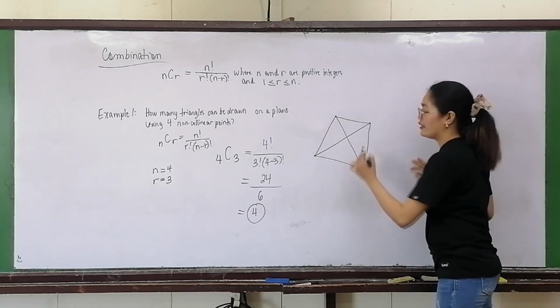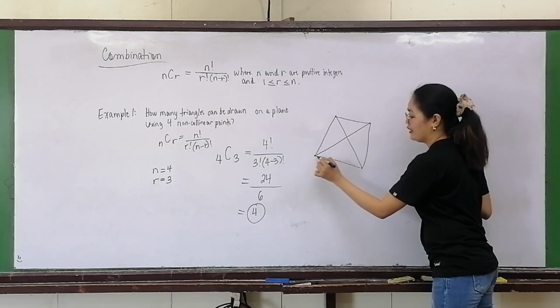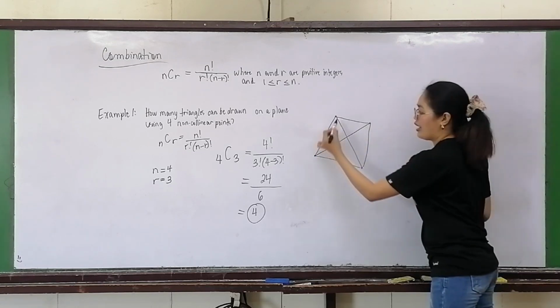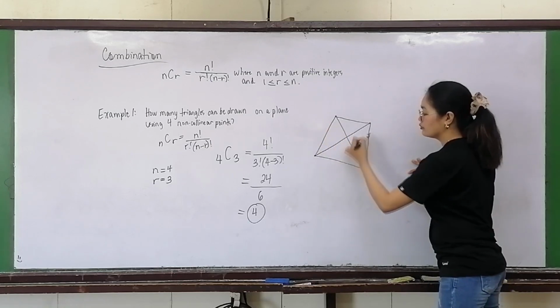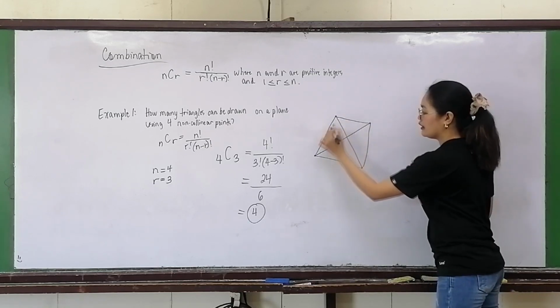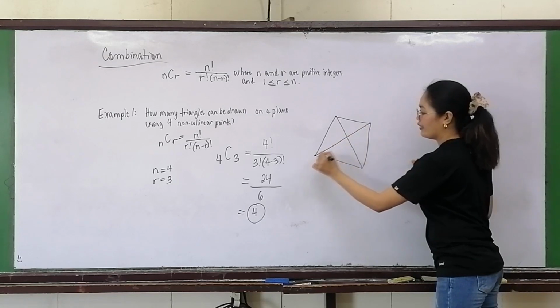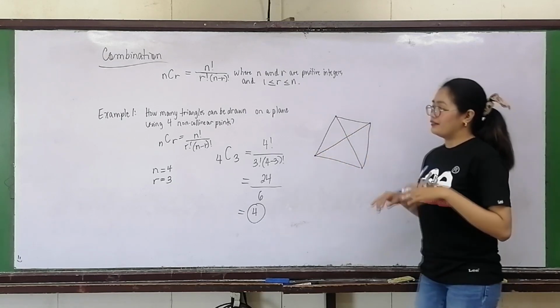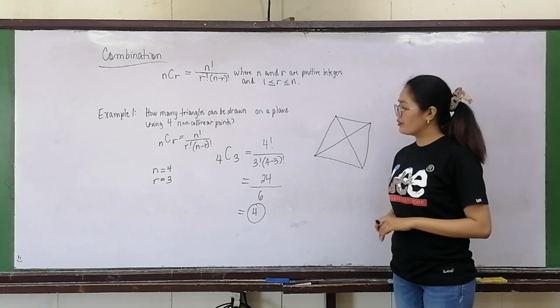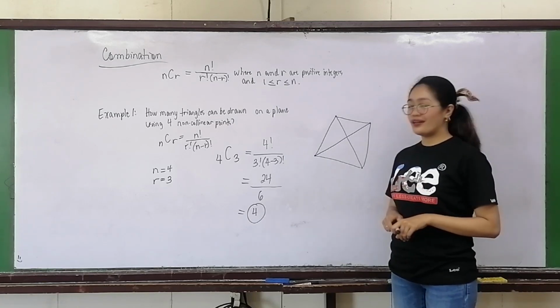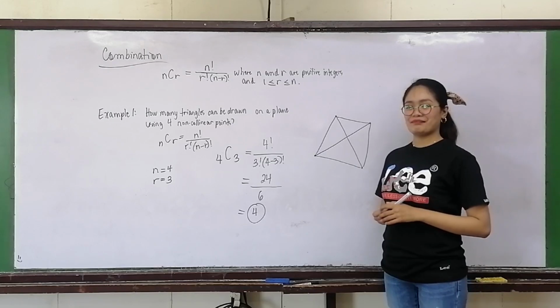And our last triangle, or the fourth triangle, is this. So again, we have 1, 2, 3, and 4. So we say that with 4 non-collinear points, we can have 4 triangles.